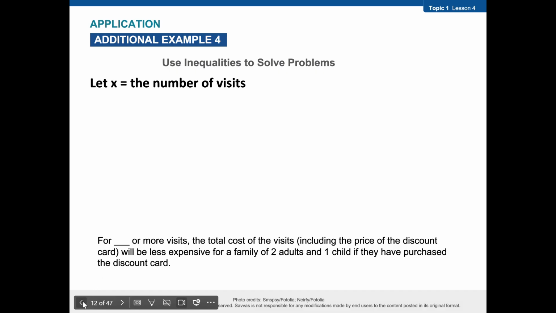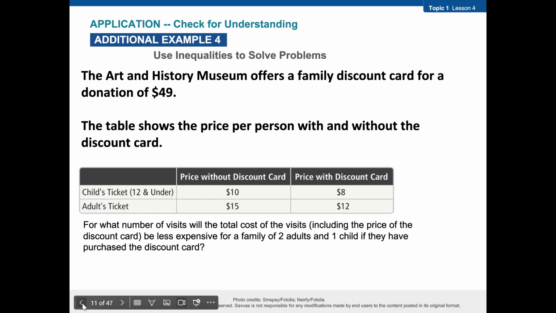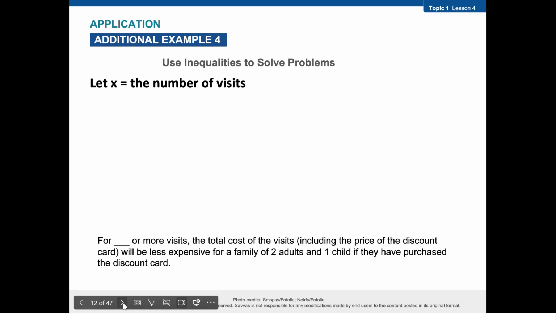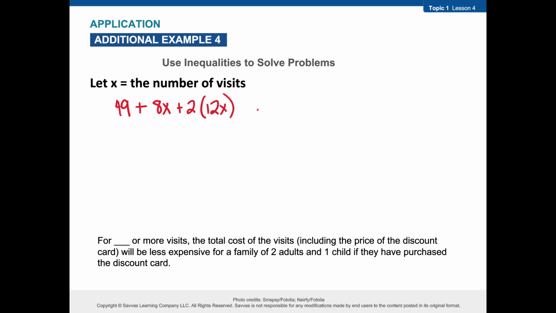So let x be the number of visits. So 8 and 12. So $49 discount plus 1 child, 8 for that many visits, plus 2 adults at $12 per visit.